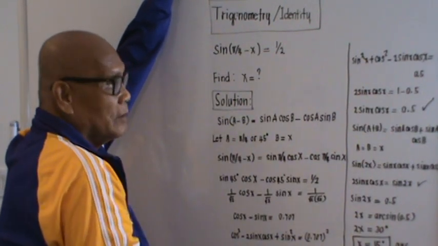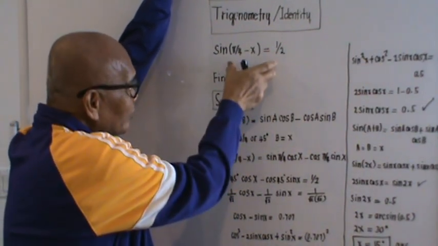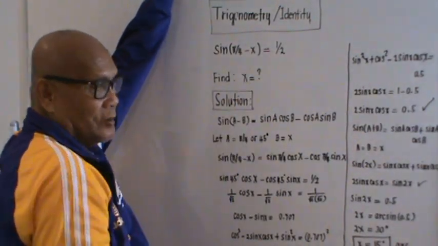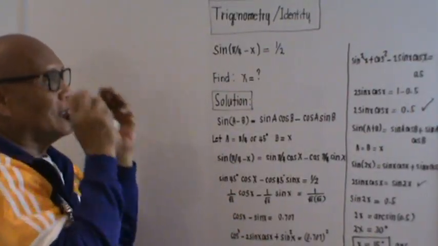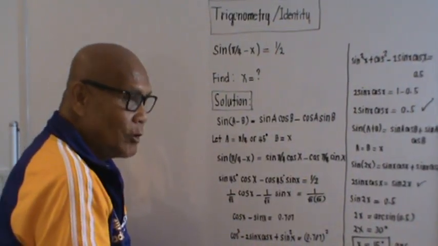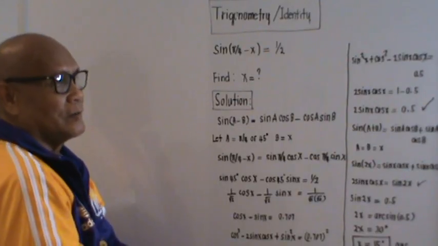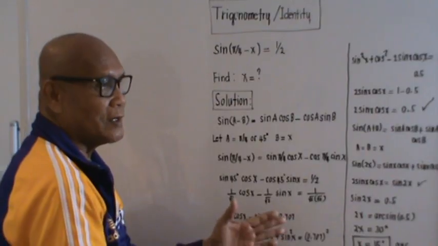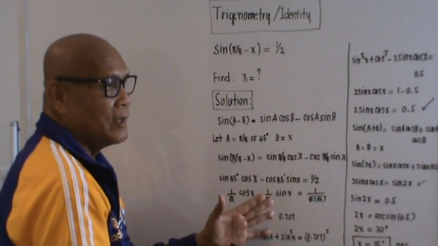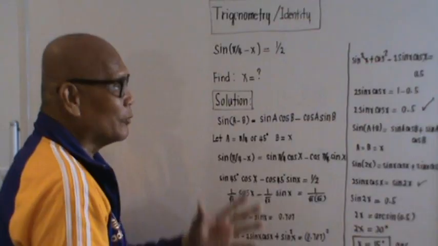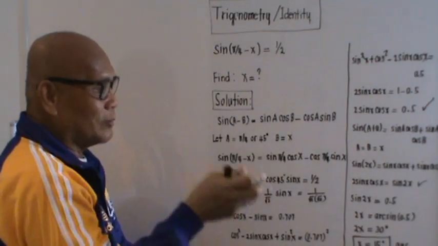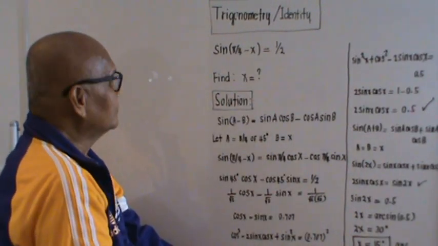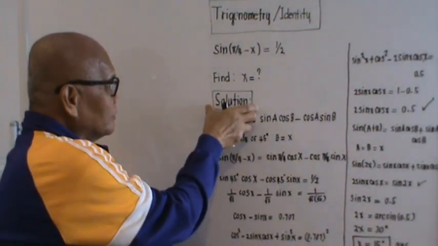So we are solving for an unknown involving x. The problem also involves algebra, because without our knowledge of the fundamental operations and how to compute an unknown, we could not solve this problem. So the topic for tonight is a combination of algebra and trigonometry. Okay, let's try to bring out the solution.